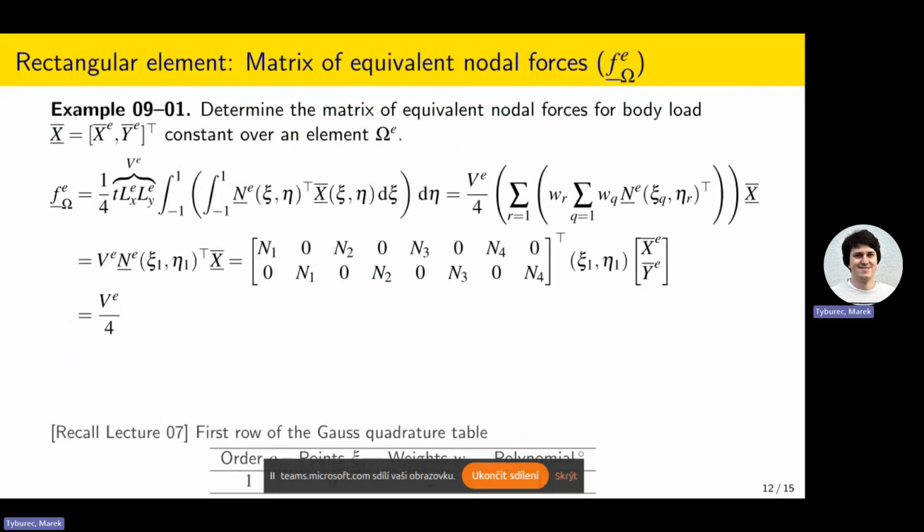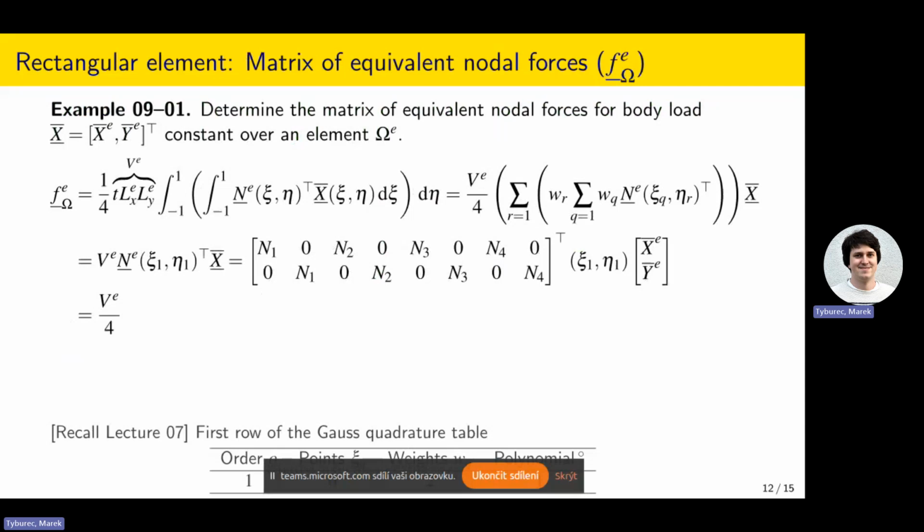Yes, and we already have an example here for this integration. So let's look at this. We are asked to determine the magnitude of the equivalent nodal forces for a body load, which is constant, but it's defined in this symbolic way.